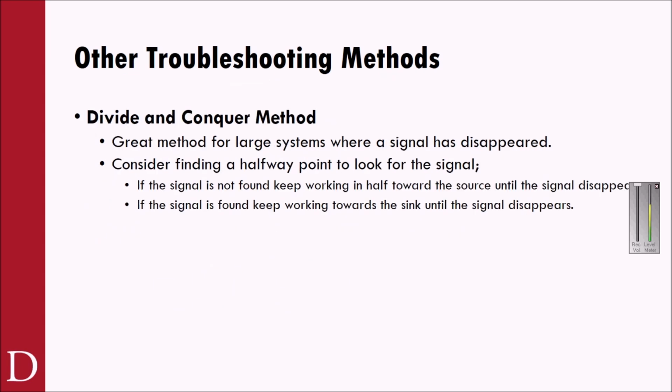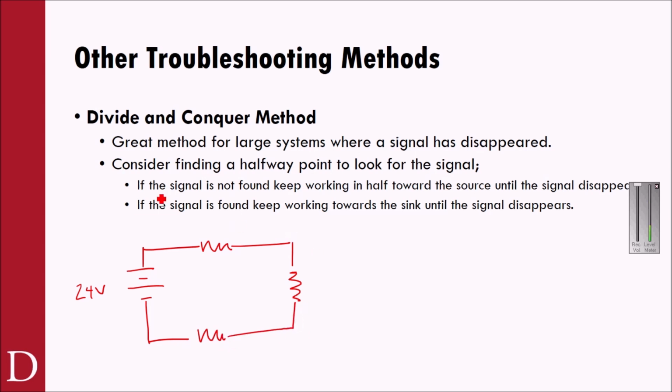The divide and conquer method. This is another troubleshooting method. I love this method. So again, we talked about this a minute ago, right? Let's say that I have a DC source here, 24 volts, and I'm just going to draw a circuit. But let's say that I've got 3 loads, or 3 things that consume the voltage, and normally I get 8 volts here, 8 volts here, and I get an 8-volt drop here.